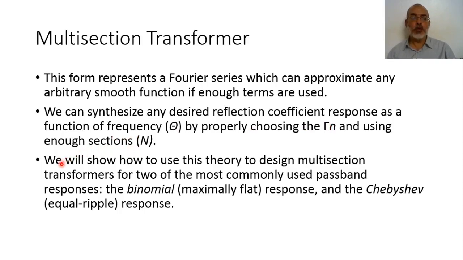Actually, we are going to use this basic theory. We will show how to use this theory to design a multi-section transformer for the two most commonly used passband responses, which are binomial or maximally flat response and Chebyshev or equiripple response. This is what we are going to present in the following two videos.